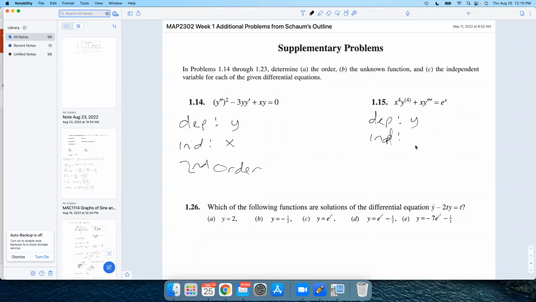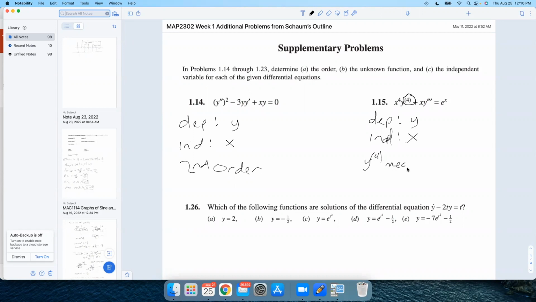Whatever is left over, the other guy must be your independent. And my order is not my highest exponent I see. I'm not looking at exponents, I'm looking at derivatives. That guy right there is not an exponent. See how he's in parentheses? That means the fourth derivative.